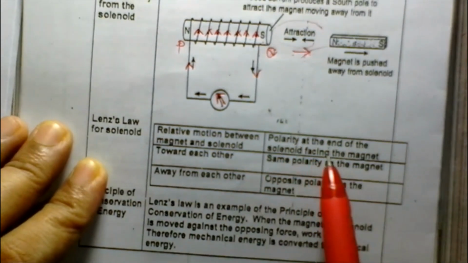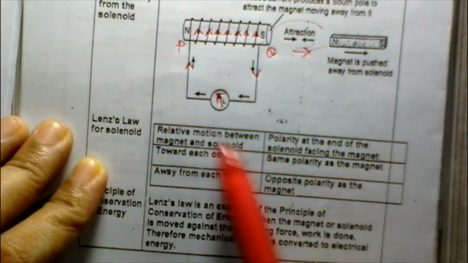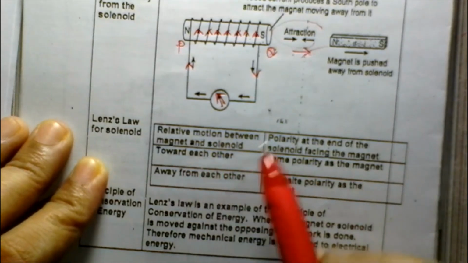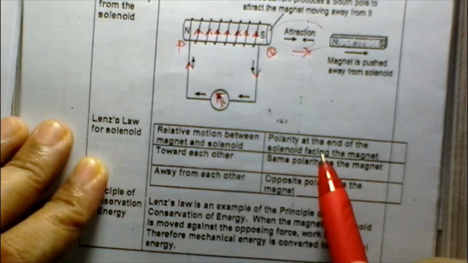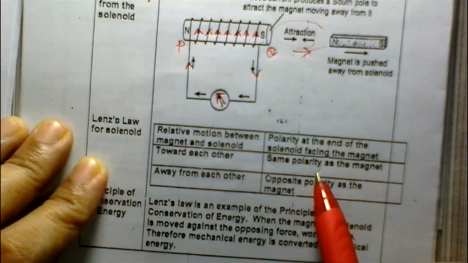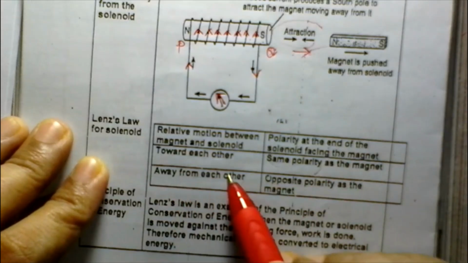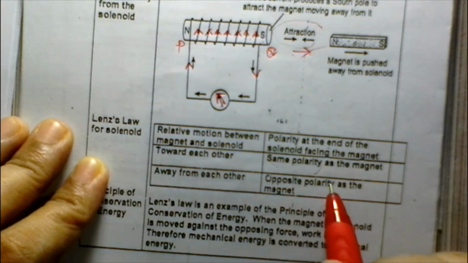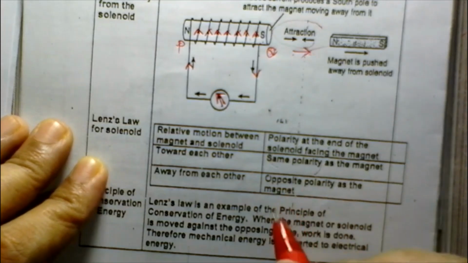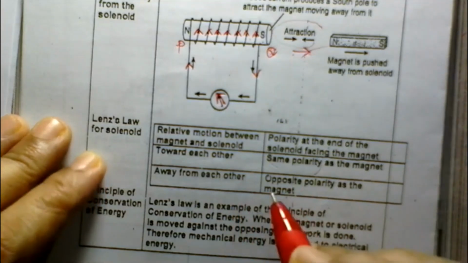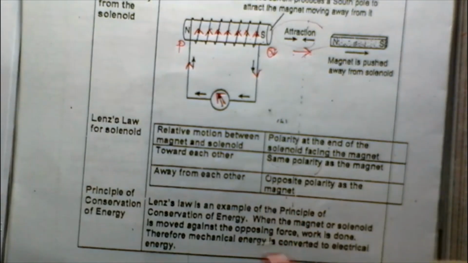The polarity at the end of the solenoid facing the magnet, if moved towards each other, becomes the same polarity to produce a repel force. If moved away, it becomes opposite polarity to produce an attractive force, because it is trying to oppose the effect that produces it.